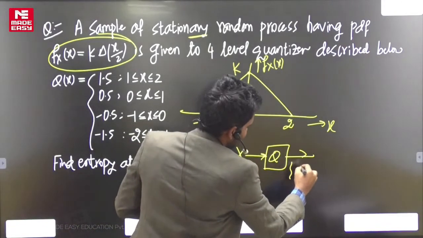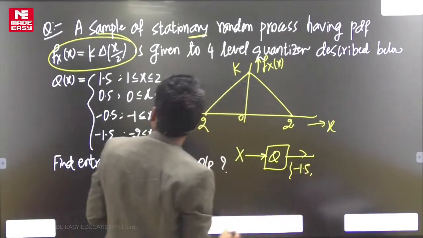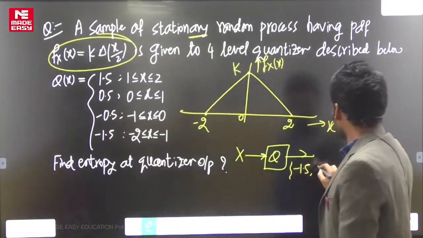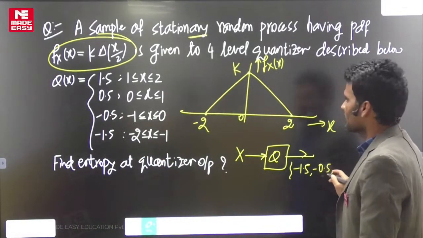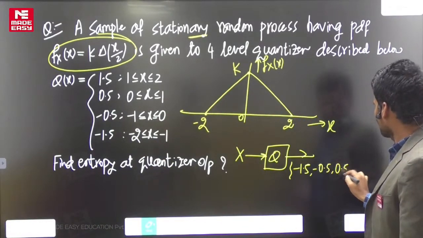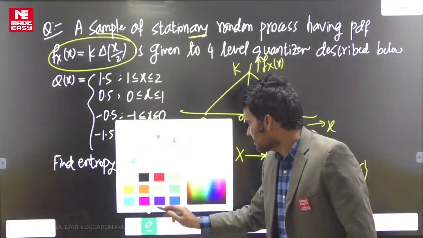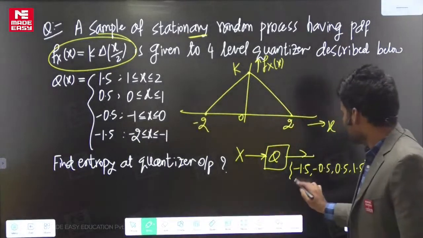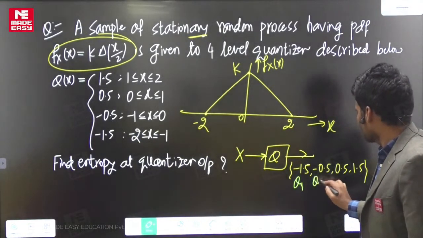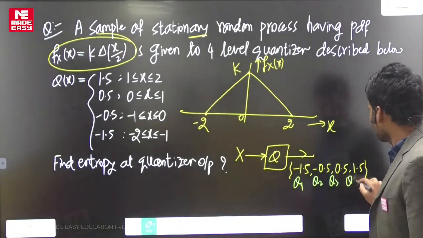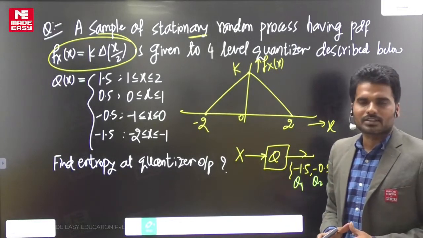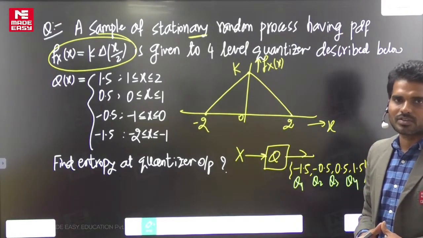Minus 1.5, minus 0.5, 0.5 and 1.5. I'm denoting them Q1, Q2, Q3 and Q4. So these 4 quantization voltages are available with the quantizer.